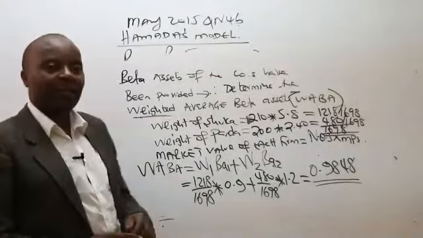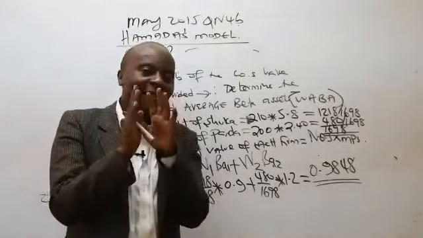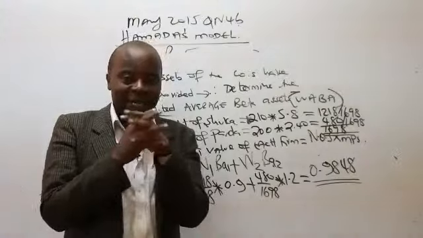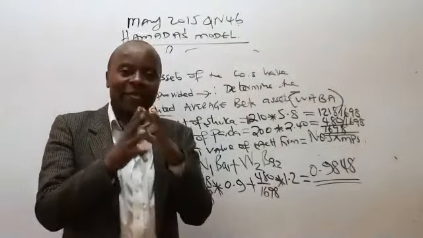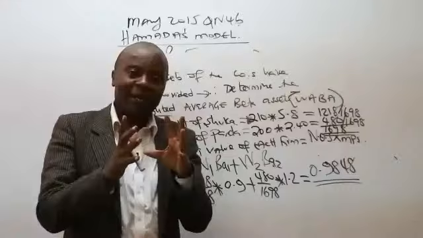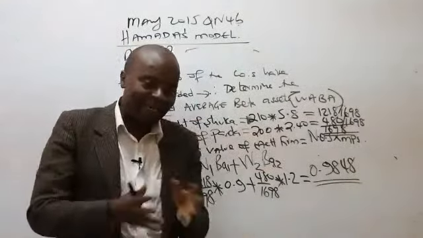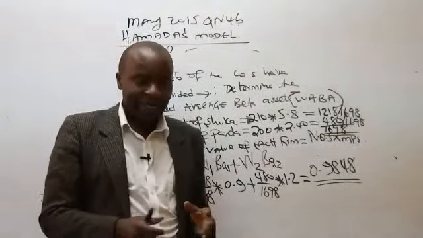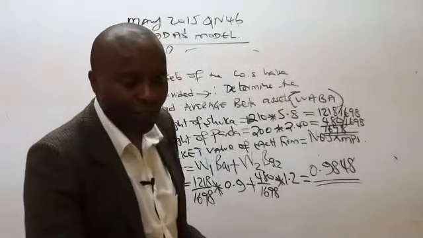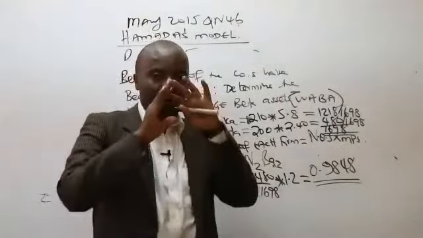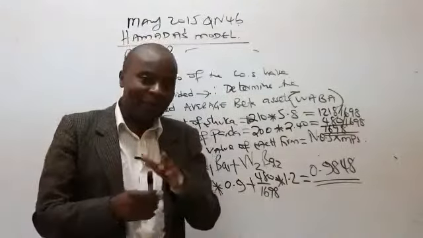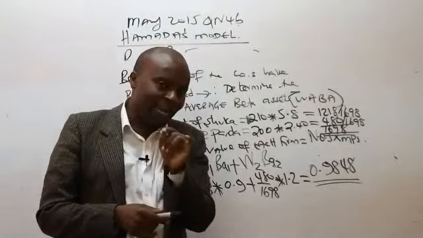The next thing, now that I have the consolidated beta assets, which is the same as beta assets of the combined entity, remember what you want to use these beta assets for.